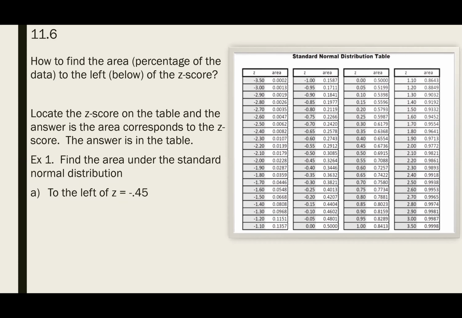And before we do the above, if they ask you for area to the left, do you agree that this is what we have? This is negative 0.2, negative 0.45. The area to the left will be 0.236.